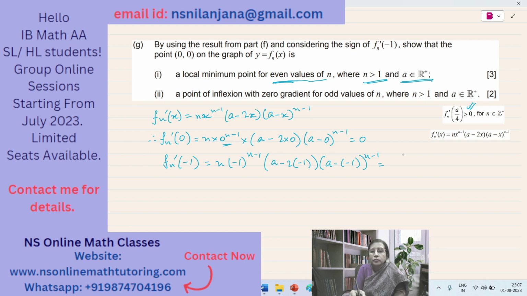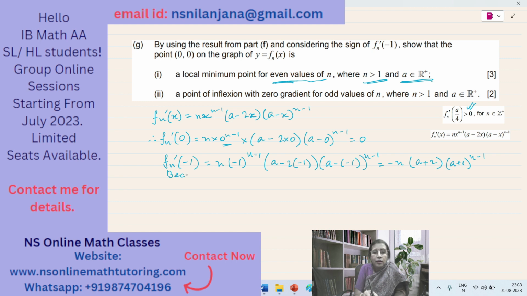So -1 to the power of some odd number is -1. So it is negative n, and this is a plus 2, and this is a plus 1 to the power of n minus 1.